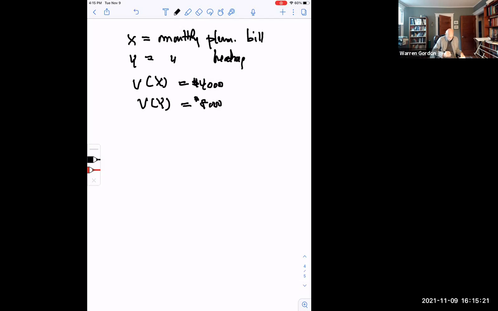And the variance of X plus Y is $16,000. Again, I made up these numbers. Now, they're increasing, of course, okay? So X is increased by a flat amount of $200 per month.